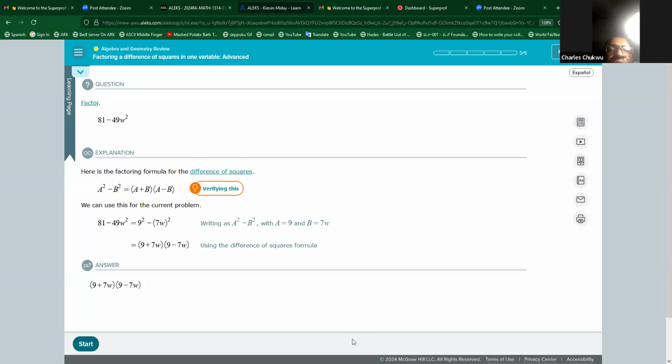For instance, take a look at 81. 81 is 9 squared, and 49w squared has square root 7w. The thing about it, all you need to do is have a plus sign in one bracket and a negative sign in the other bracket. Just copy it, so a plus in one and the minus in the other. That's all.